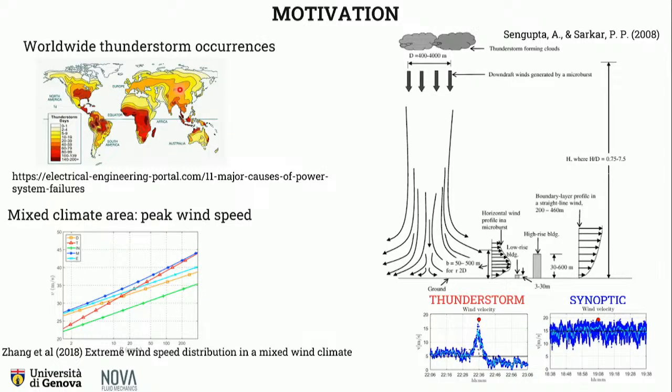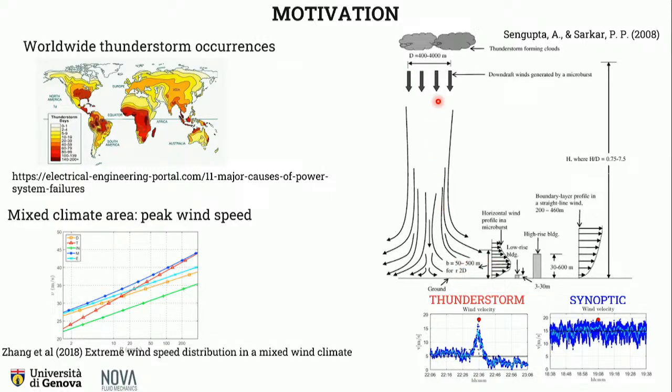European wind climate is dominated by extratropical cyclones and by thunderstorms, which are very frequent events, especially at mid-latitudes. Statistical analyses of extreme wind speed in mixed climate areas that are frequently struck by thunderstorms have shown that high return wind speeds are always related to thunderstorms.